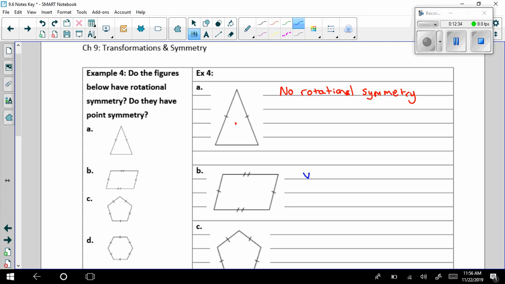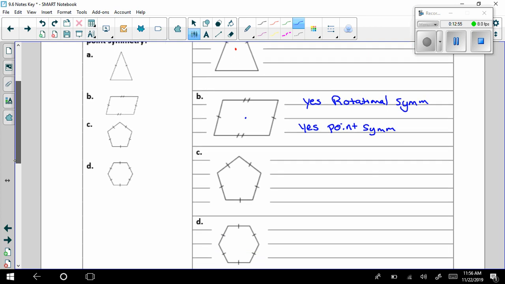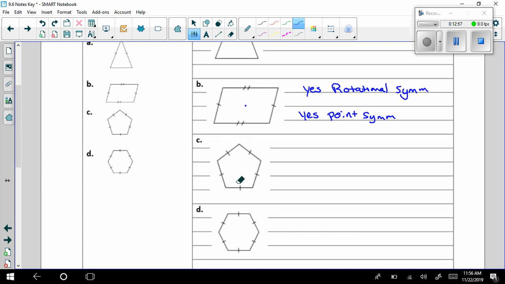This next one does have rotational symmetry. All right, and if we spin it 180 degrees, it locks into place, so it also has point symmetry. This regular pentagon has rotational symmetry.